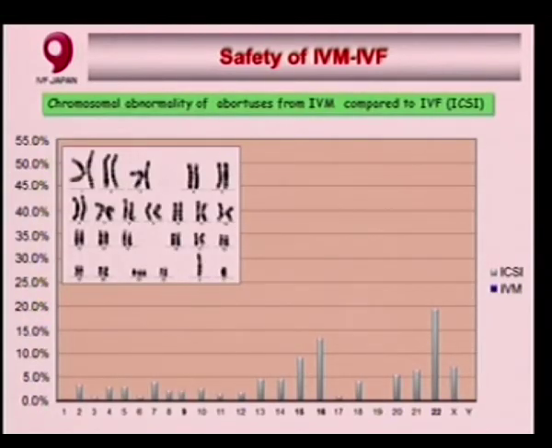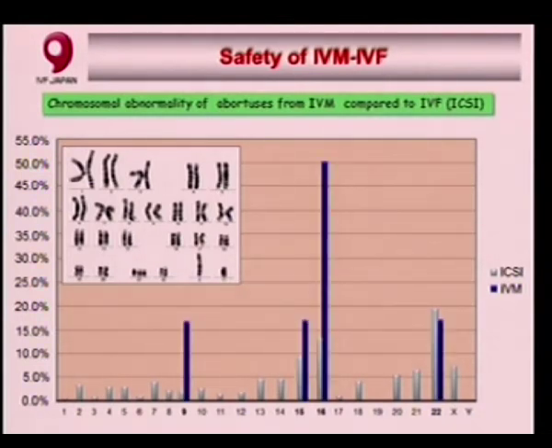And also the number of chromosomes, for usual IVF ICSI and IVM, is the same. So nothing different from IVF. The same numbers of chromosomes are affected, either IVM or IVF.